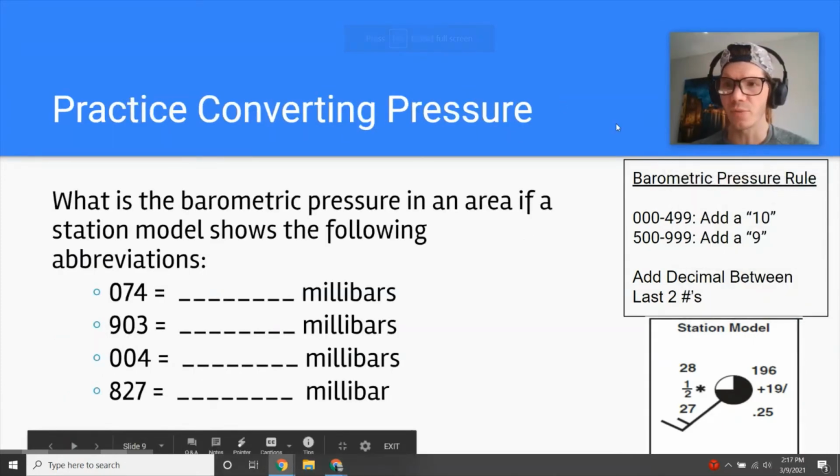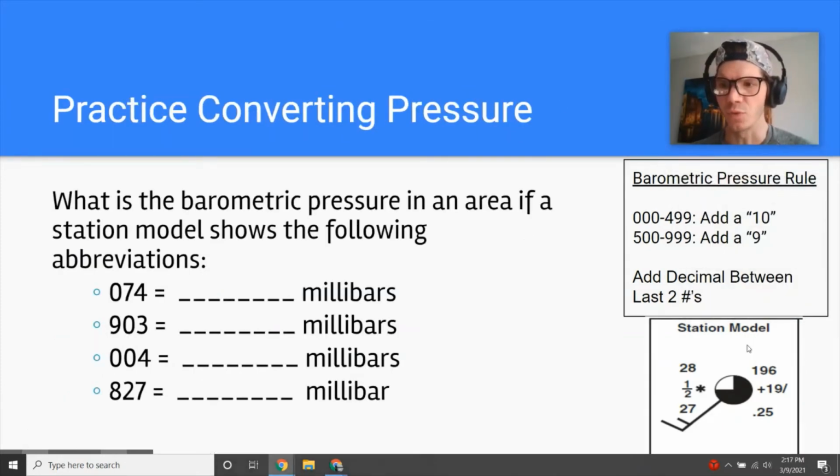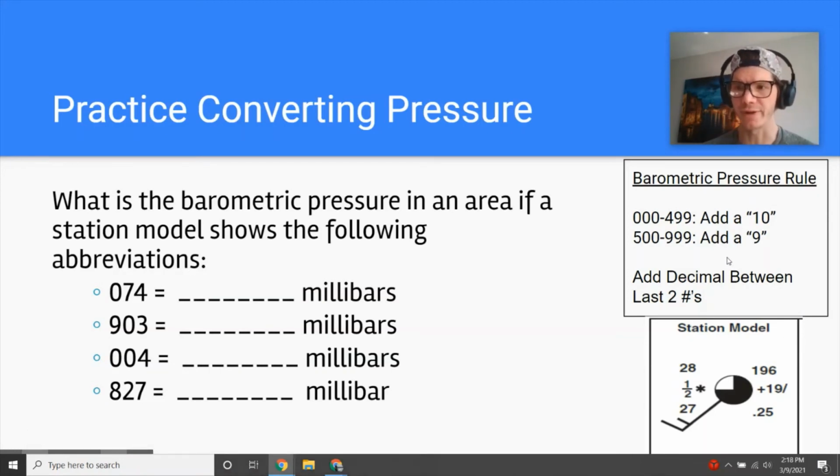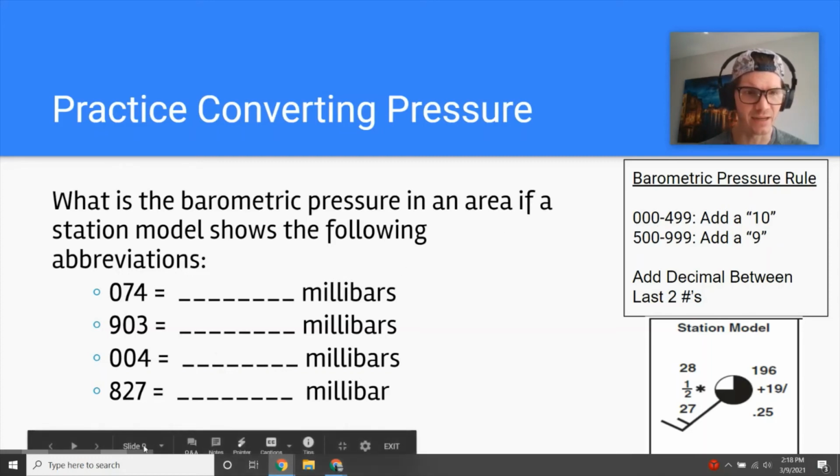All right, so let's start practicing with this rule. We're going to pretend that instead of 196, we get one of these 3 numbers in the top right of our station model. And we're going to use this rule to determine the true barometric pressure in an area. Since this number is 074, it's in between 000 and 499. So I'm going to add a 10.